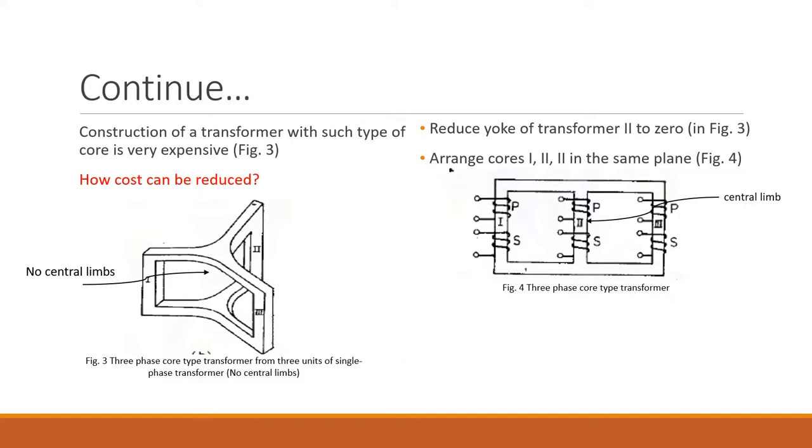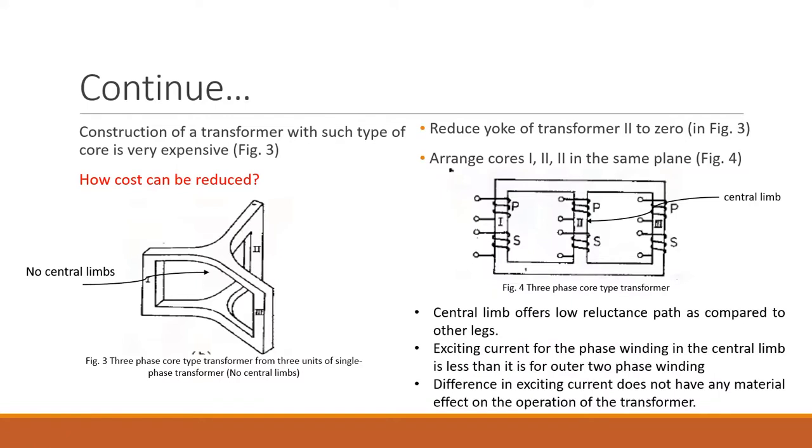Each leg is wound with both primary as well as secondary winding. So one particular leg shows you one phase, this gives you the second phase, and this gives you the third phase. Okay, hope the things are clear to you till this time.